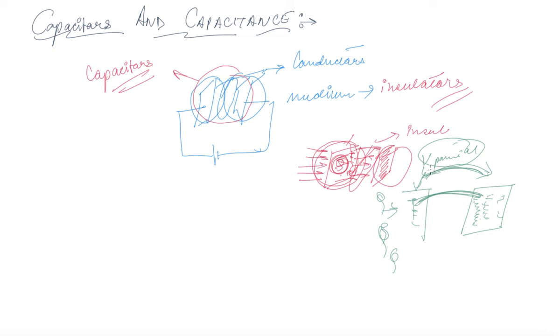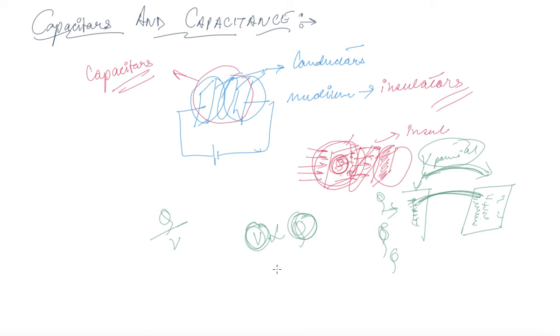This V is proportional to Q. Now we can see that V is directly proportional to Q, because if the charge over here is increased, the potential also increases. So we can say that V is directly proportional to Q.